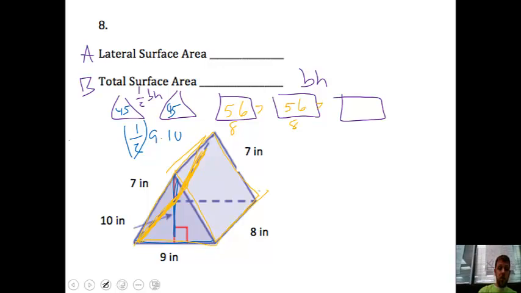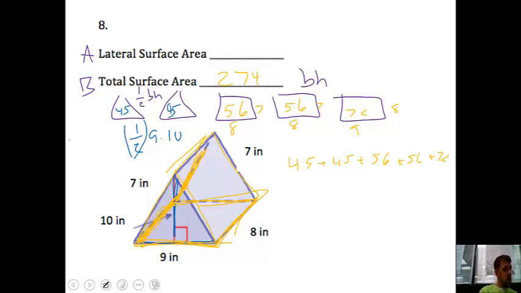And the bottom, which is 9 and 8, which is 72.